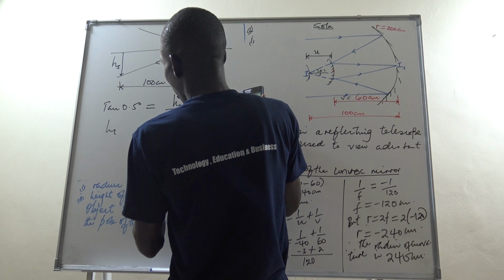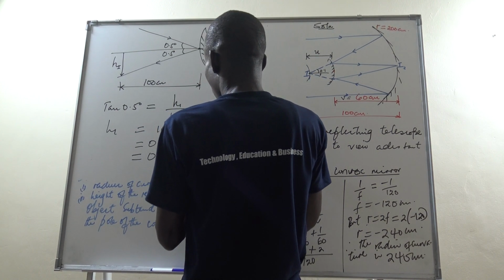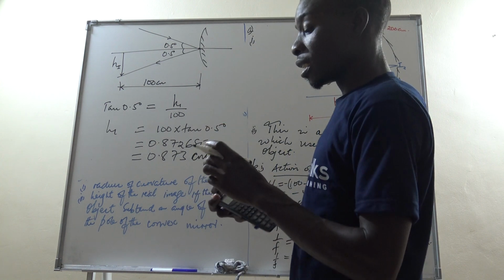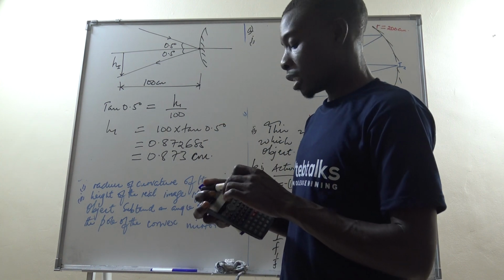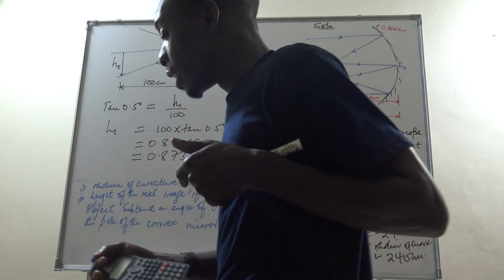That is 0.87 centimeters as the height of the intermediate image.